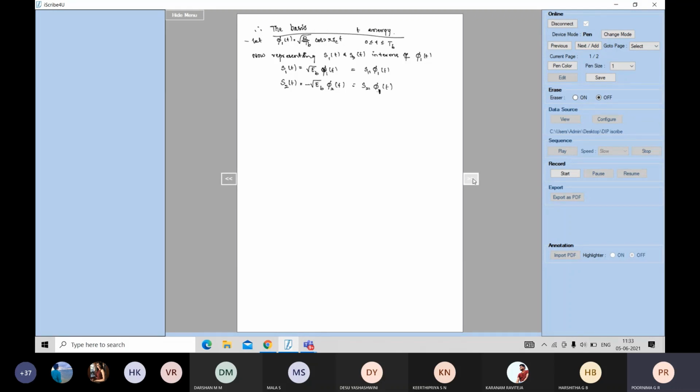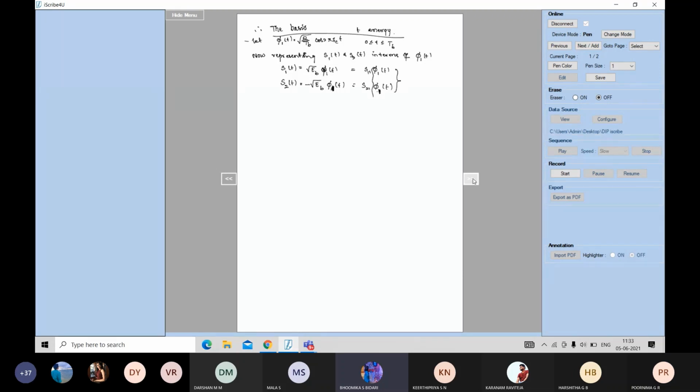Whenever you look at these signals in terms of basis functions, how many basis functions do you have in the equation? Only one basis function, phi 1 of t.